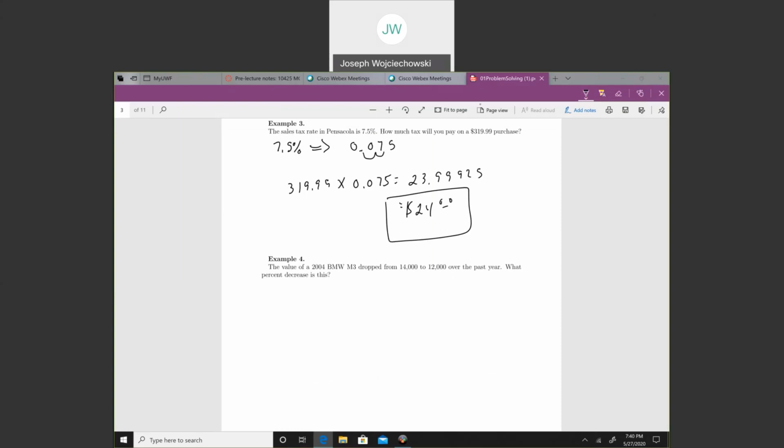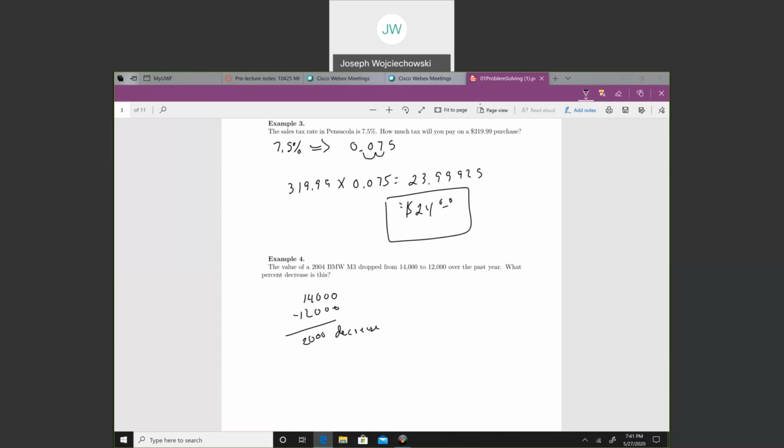Okay, the value of a 2004 BMW M3 dropped from 14,000 to 12,000 over the past year. What is the percent decrease? Well, first, what is the decrease? 14,000 minus 12,000, which is 2,000, is the decrease.